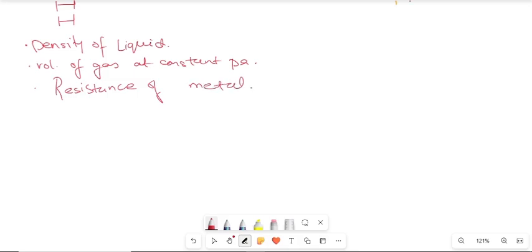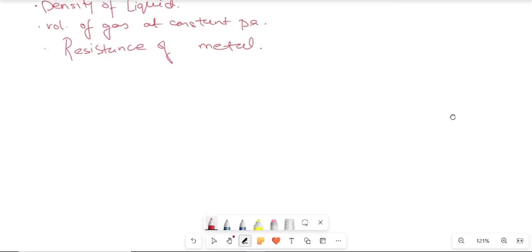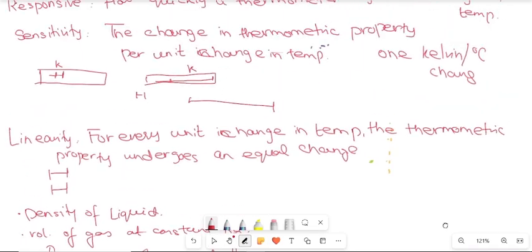I don't want to confuse you, but these are just the properties on which a thermometer can be made. You can use these properties to make a thermometer.